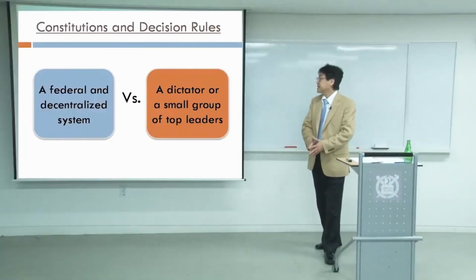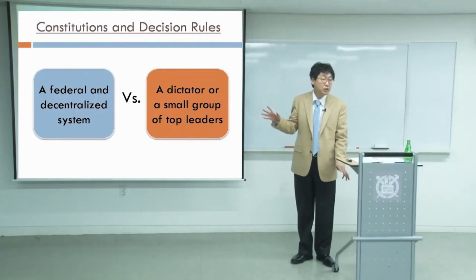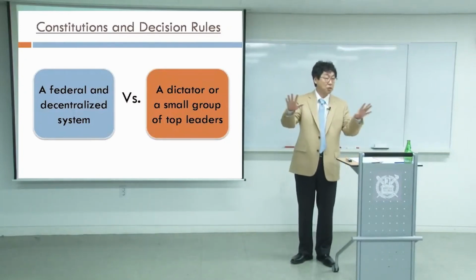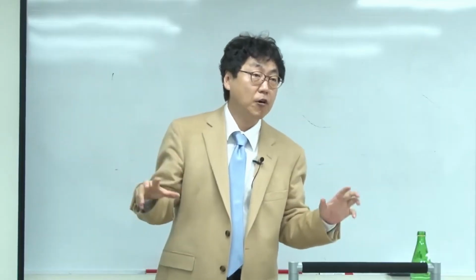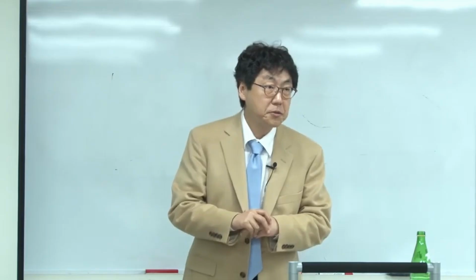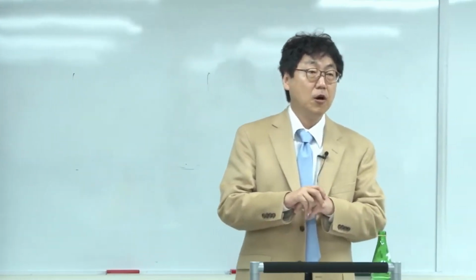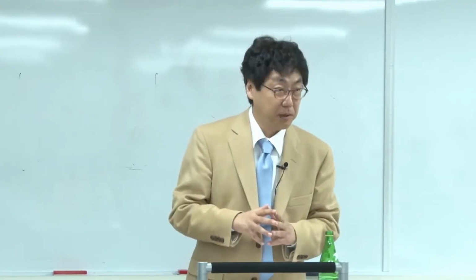What this means is that decision-making power in the US is dispersed. Lots of people are involved in making decisions. Therefore, for you to make a change, you will have to convince lots of people.